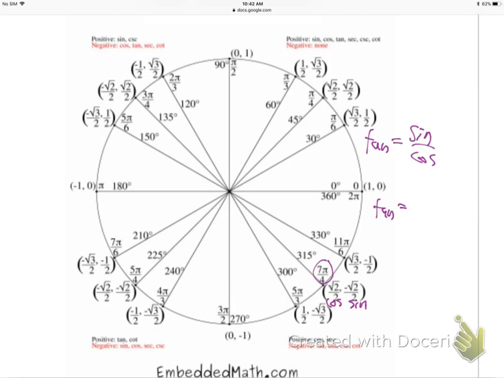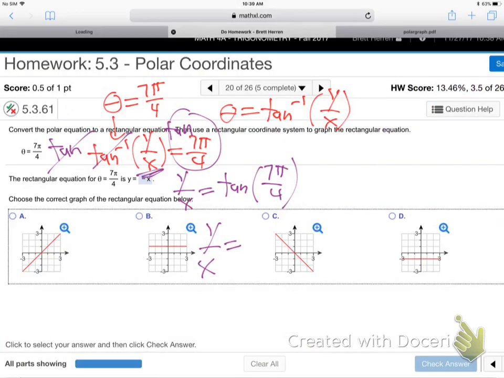Tangent is negative root 2 over 2 over root 2 over 2, right? Sine over cosine. So tangent is negative 1 for 7 pi over 4. Everybody with me on that? That good? So going back, tangent 7 pi over 4 is negative 1.